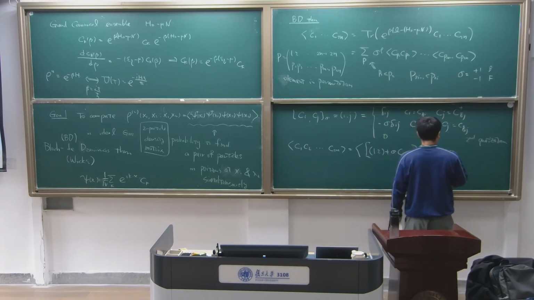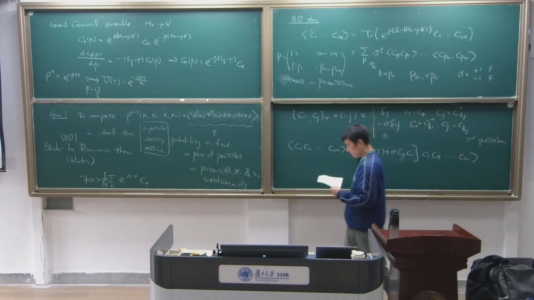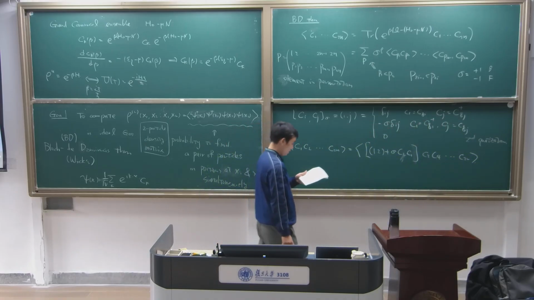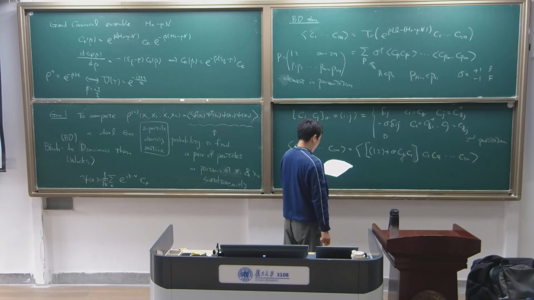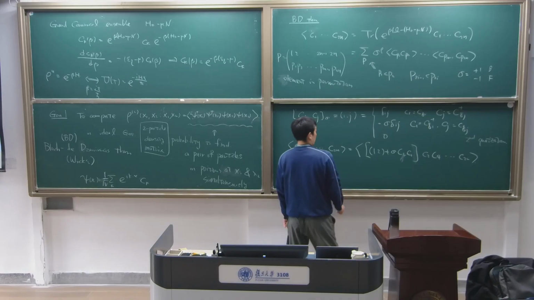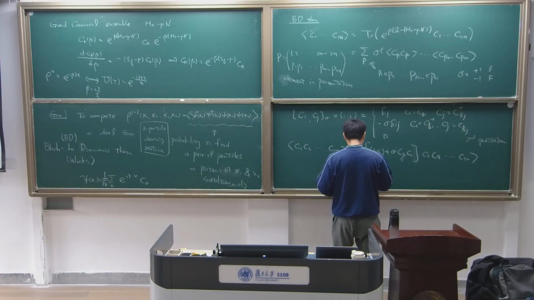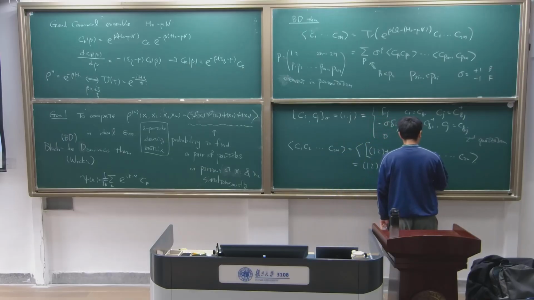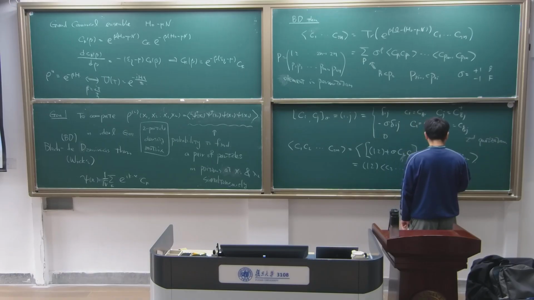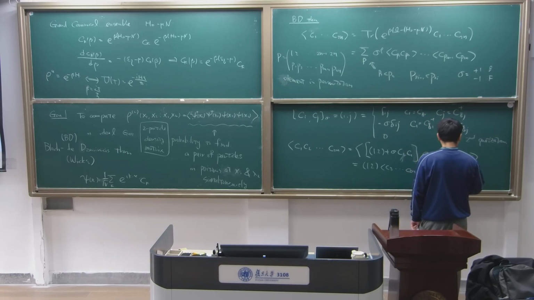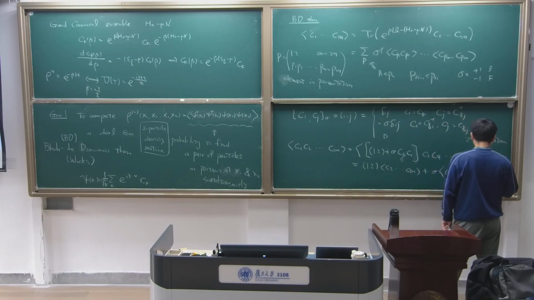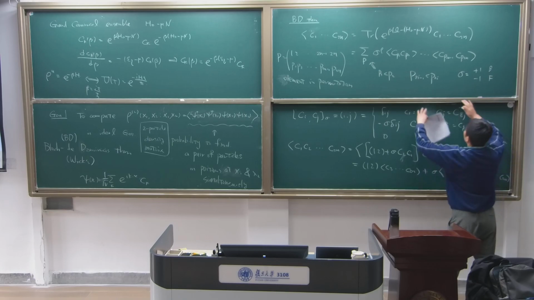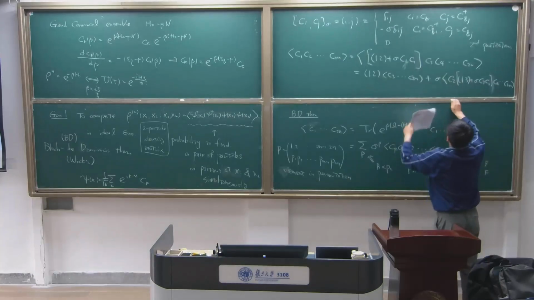And then this is given by 1,2 like this way, and then sigma C2 and 1,3 plus sigma C1 C3 up to C2.